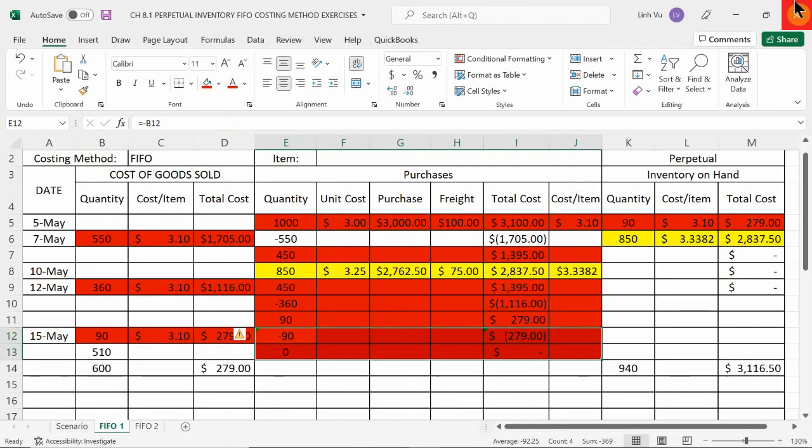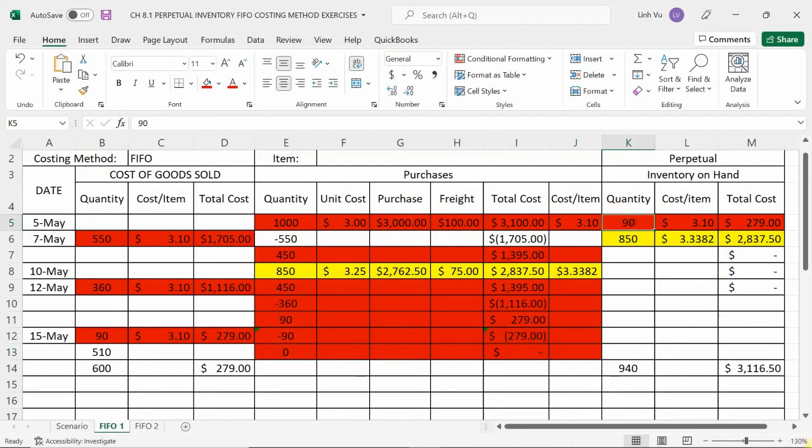Now that I did my middle one, I can go ahead and remove my 90 from my red batch. That means that whole entire batch is gone. I only have 850 at $2,837.50. However, I'm not done.